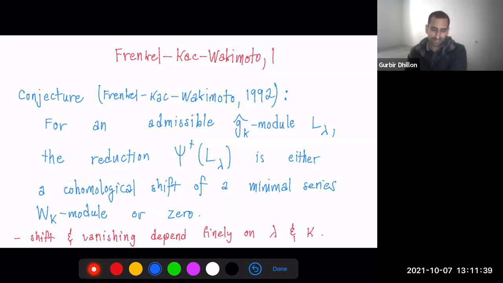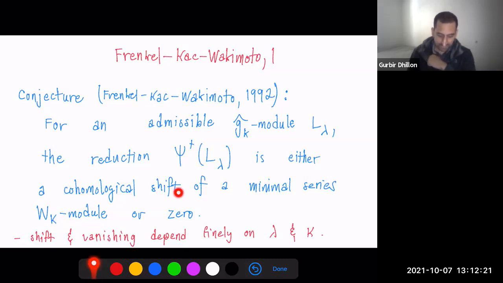One of the basic things that they found was that when you go from SL2 to a general simple Lie algebra G, life gets a little more complicated. So here's the precise conjecture they made. When you feed into this reduction procedure one of the nicest Kac-Moody representations, one of these admissible highest weight modules, the prediction was that what you should get is either 0 or just, again, an analog of a minimal model for the W algebra concentrated in a single degree.